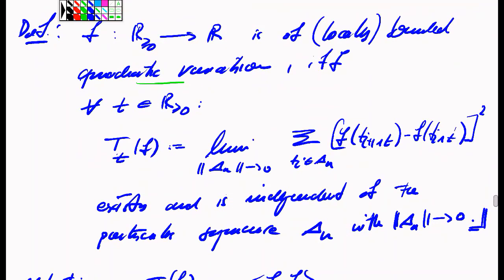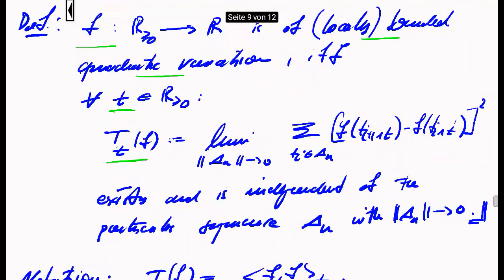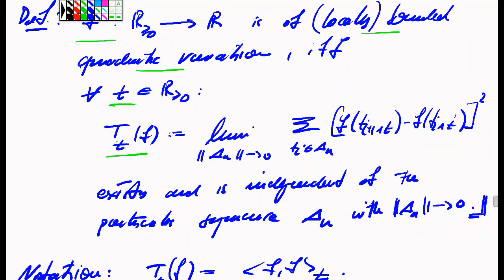Namely, we say that a function which is, for instance, defined on the non-negative real line is of locally bounded quadratic variation if for all non-negative times t, the corresponding quadratic variation on the interval from 0 to t of that function exists, and this quadratic variation is defined as the sum of the squares of the increments that the function makes on a certain grid.